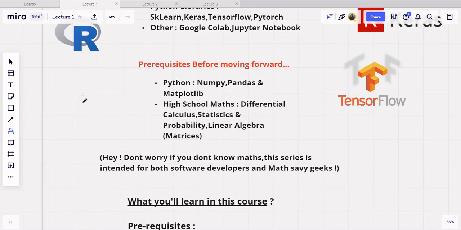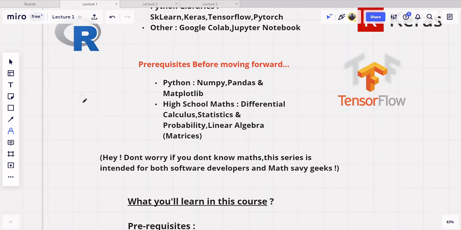If you want to learn machine learning and deep learning, it is a must that you have a working knowledge of NumPy, Pandas, and Matplotlib. All right, and some of the maths that you will need is differential calculus, statistics, probability, and matrices. Okay, now basically it's high school maths that you learn. Even if you are not good at maths, it's still okay.